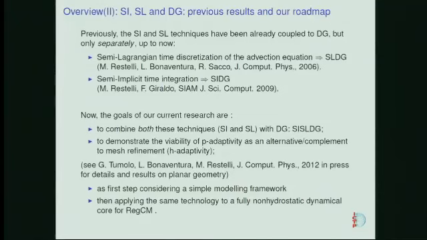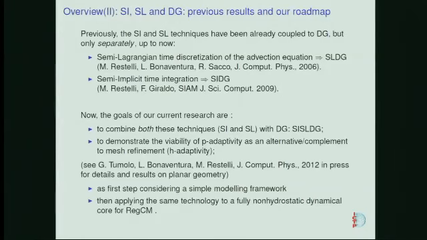And then we want to show the viability of the p-adaptivity approach, at least as a complement of the mesh refinement h-adaptivity in general, and for us maybe it's more an alternative, since in our model we are required not to touch the mesh.